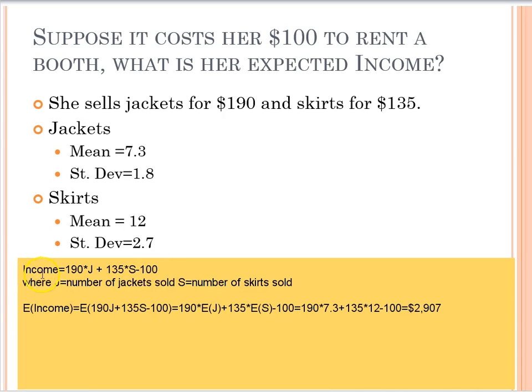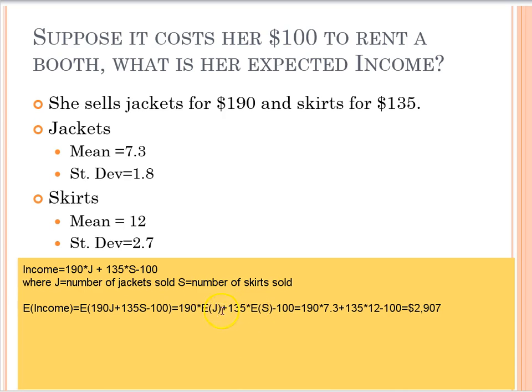So income is just a linear combination of the number of jackets and the number of skirts that she sells. So we could just find the expected income by looking at the expected value of that linear combination. And again, our rules for constants and random variables apply here. So we're going to take the constant terms out of the expectation operator and separate out the two random variables.